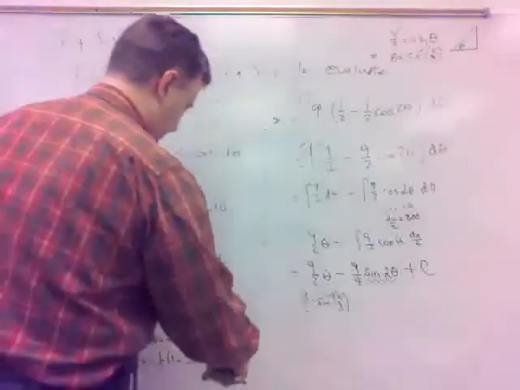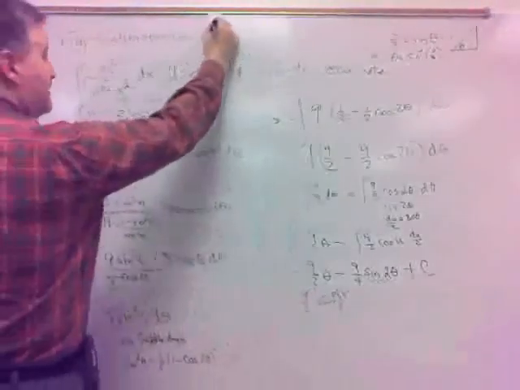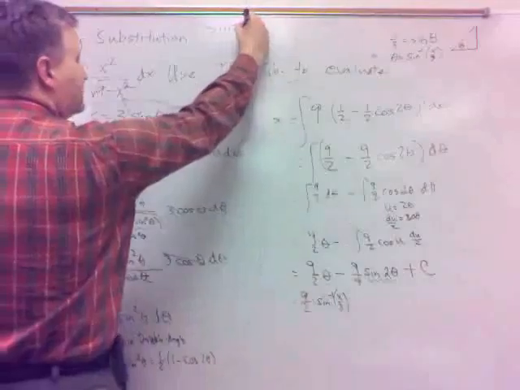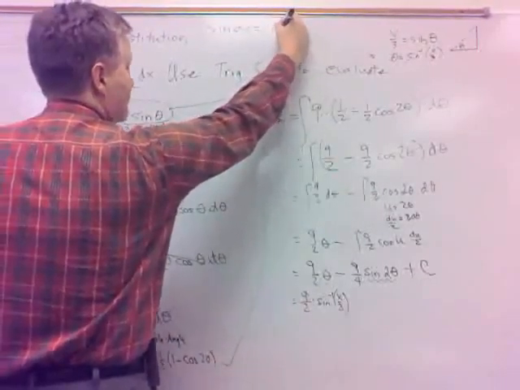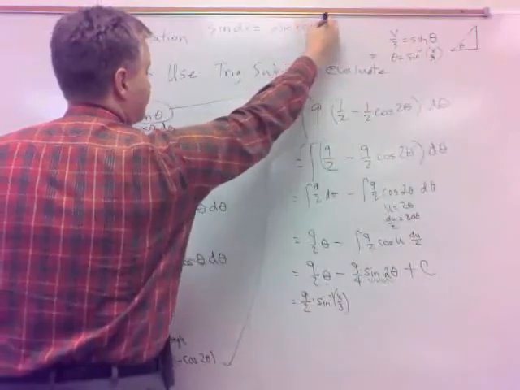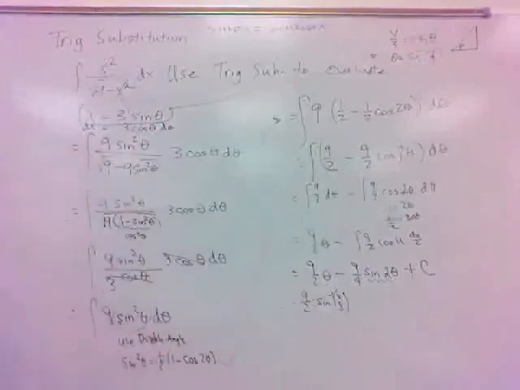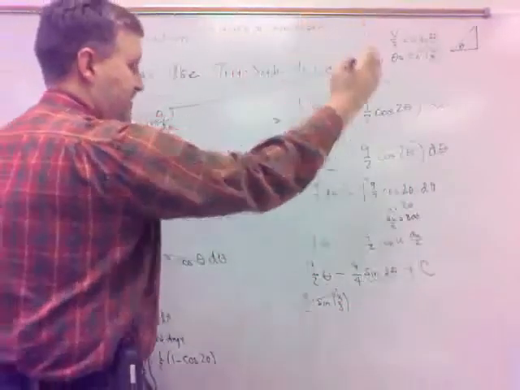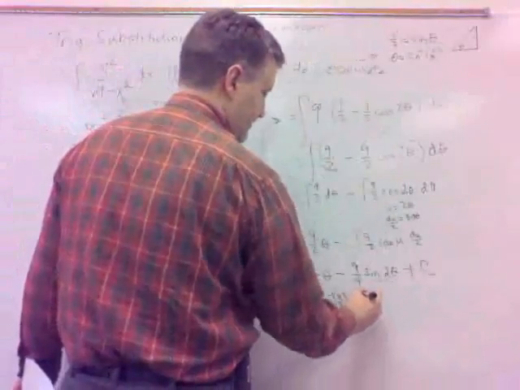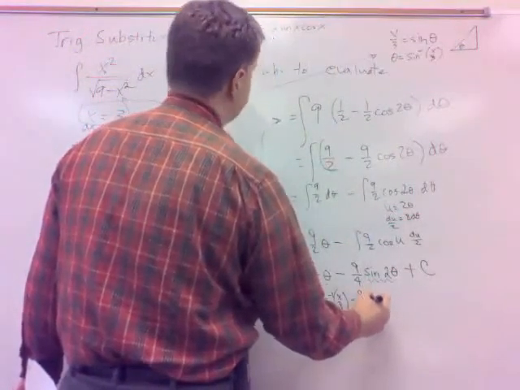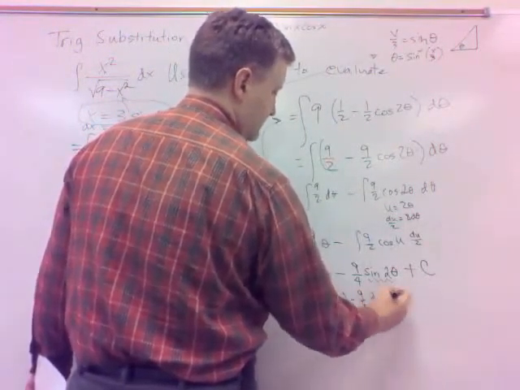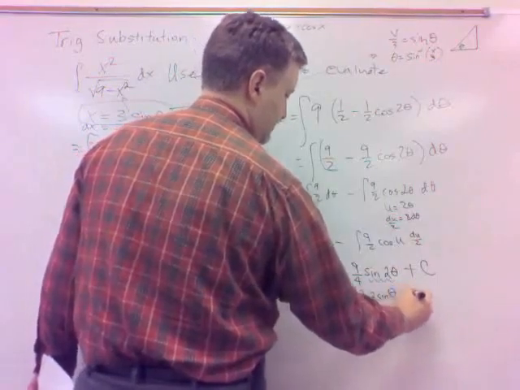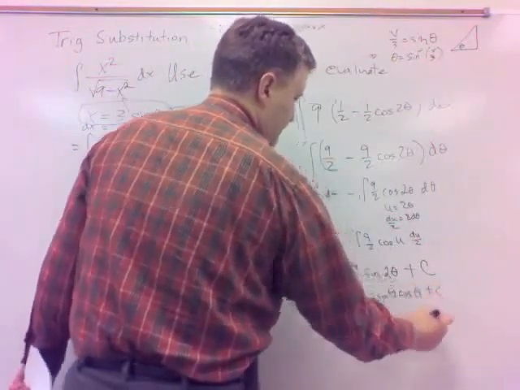We were using the cosine double angle, but the sine double angle, isn't the sine of 2x equal to something? 2 sine x cosine x, yes. So if I have sine of 2x, I can convert that over to sines and cosines. It's just 2 sine of x cosine of x. Remember your trig identities. Theta, not x now. All right, so now we're getting somewhere.